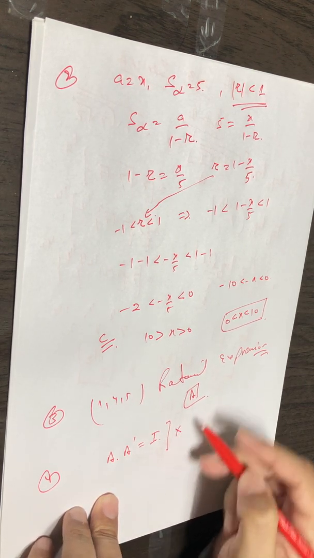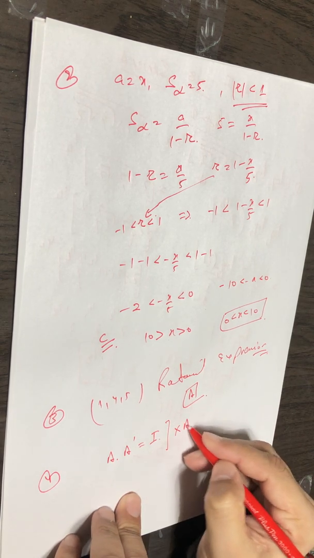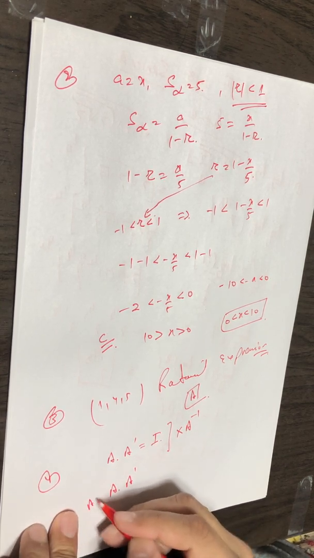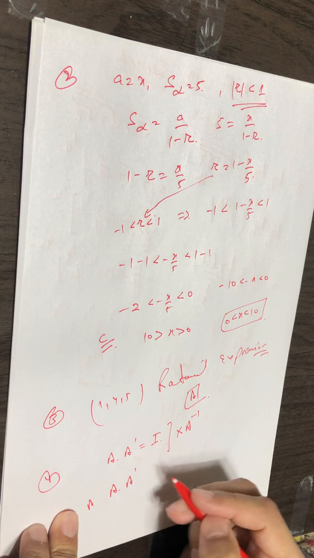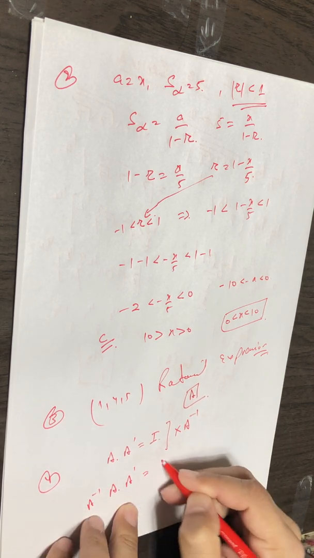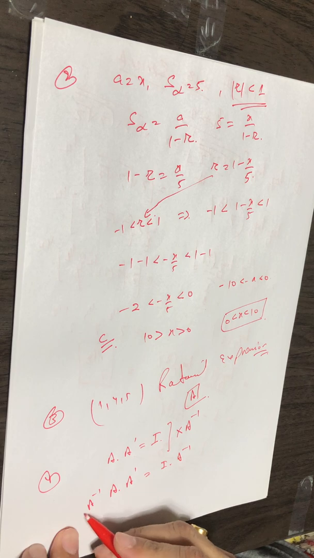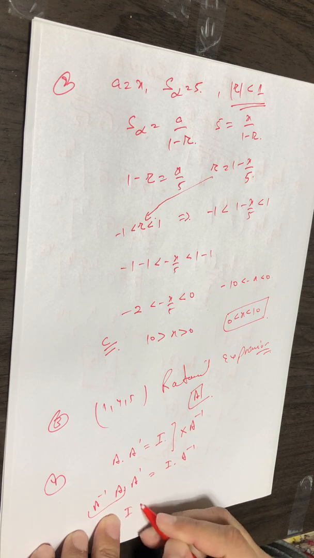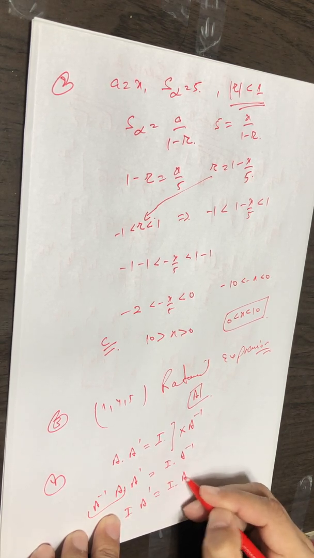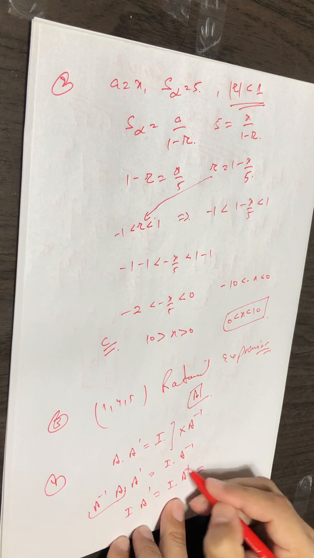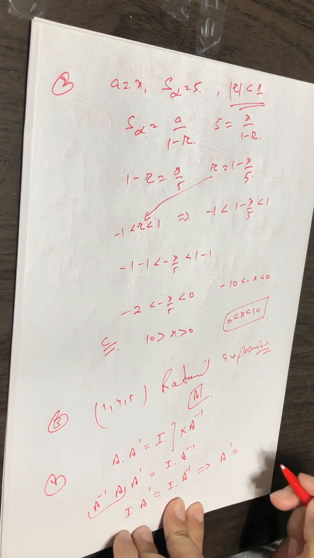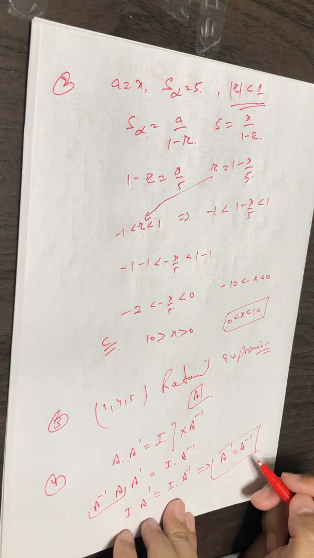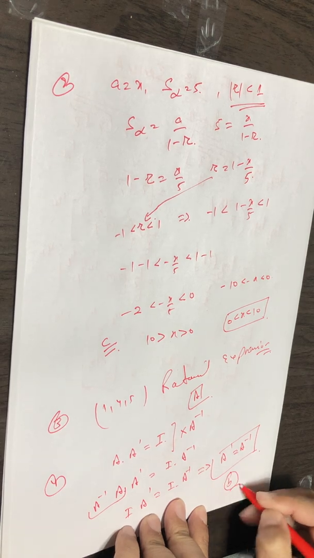Multiplying both sides by A inverse, we get A prime times A times A inverse equal to identity times A inverse, and we know that when A inverse and its original matrix are multiplied, we get an identity matrix. So from this we can clearly see that A prime is equal to A inverse. In this case, B is the correct option.